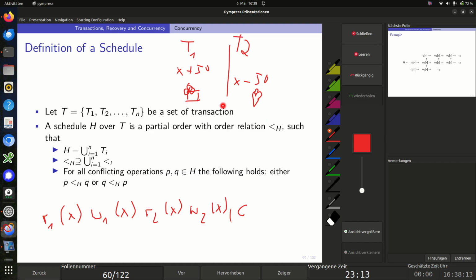So what happens if you already spent the money for the ice cream, but then the university has no money because it's bankrupt, we don't know, and then instead of a commit, there would be an abort of the transaction. And this would be the problem, because if you don't get the money from the university, then you cannot buy an ice cream. Therefore, if there's an abort of the first transaction, you should also abort the second one. And that's the problem we have.